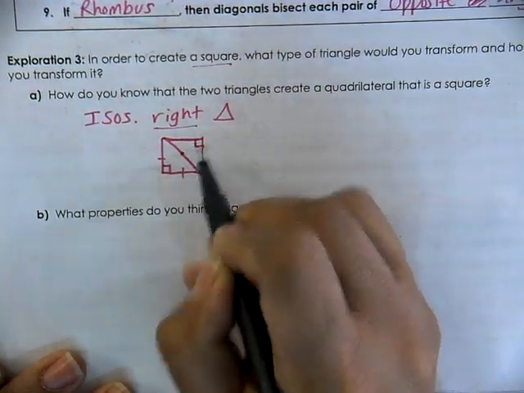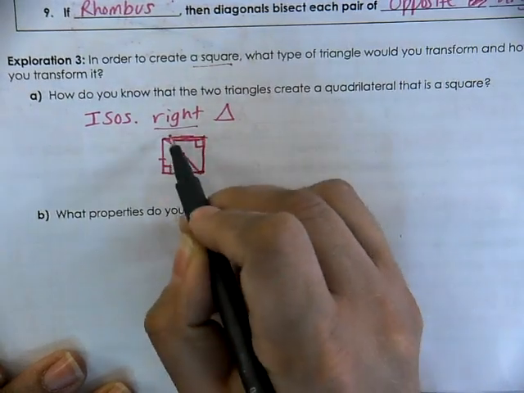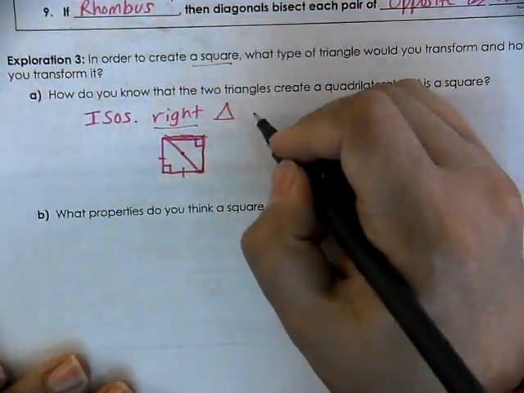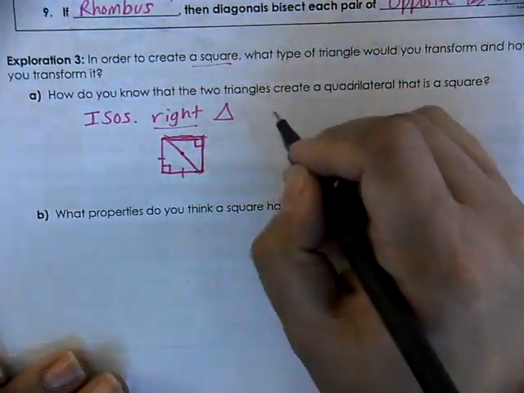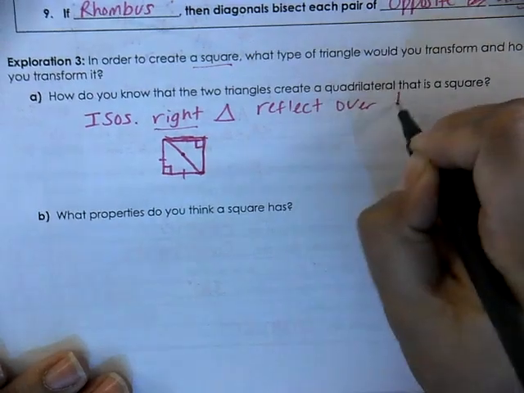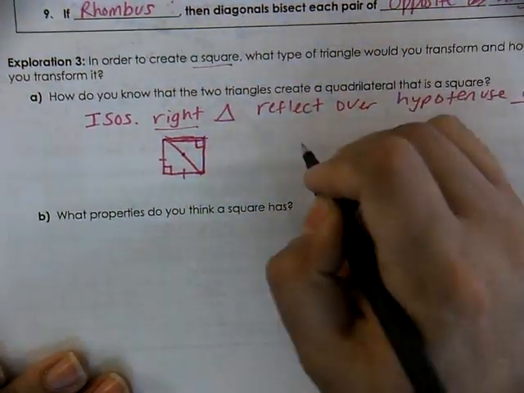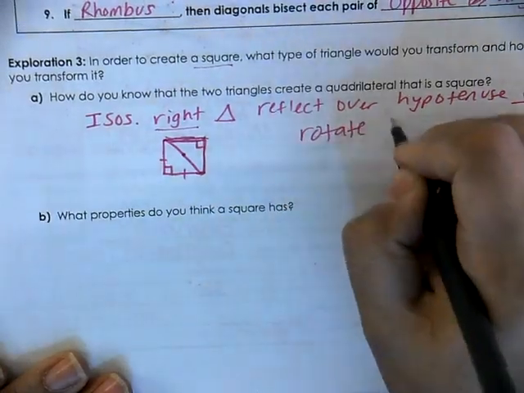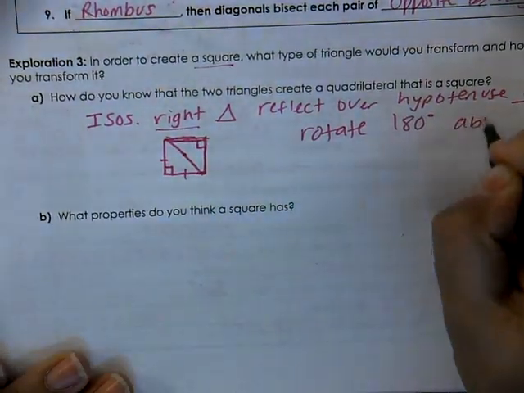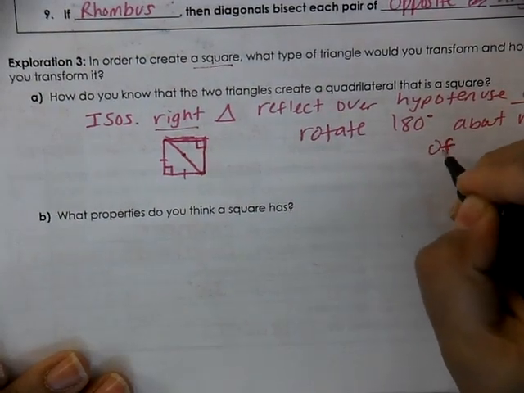Not the best diagram, but hopefully you see that we so far have 2 right angles drawn in. And for my explanation of the transformation, I can say either reflect over the hypotenuse or rotate 180 degrees about the midpoint of the hypotenuse.